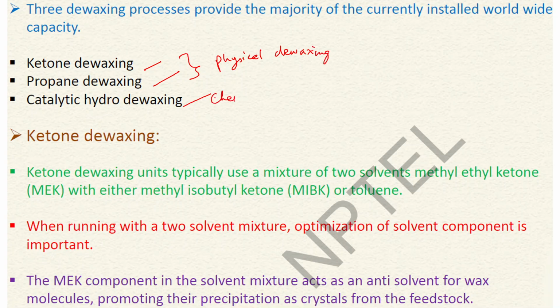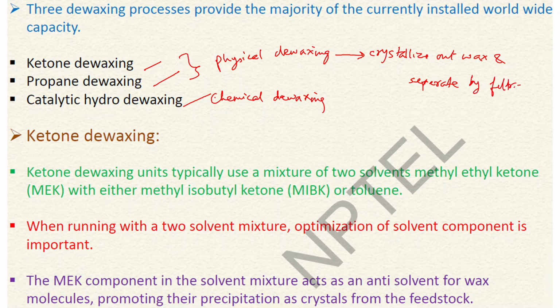But this is the chemical dewaxing method. What does that mean? We will be talking further. In the physical dewaxing, we simply crystallize out the wax and separate it by filtration or centrifugation, etc.